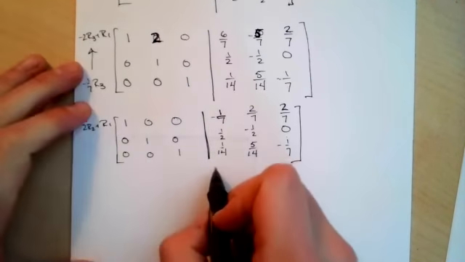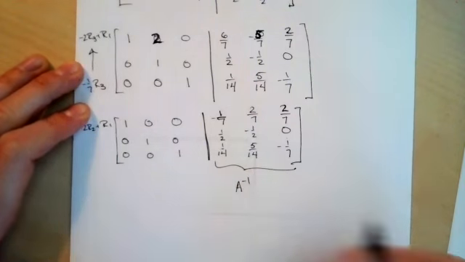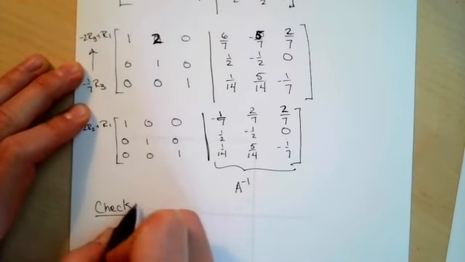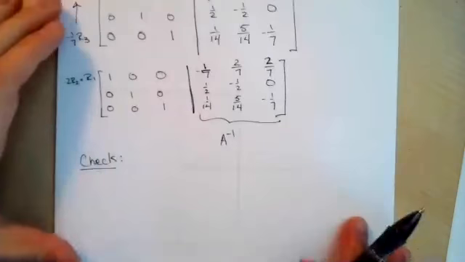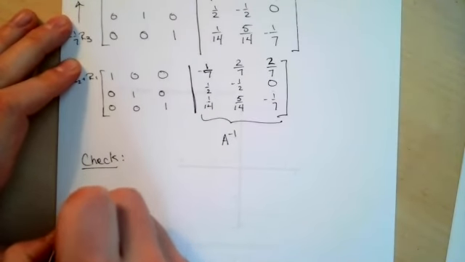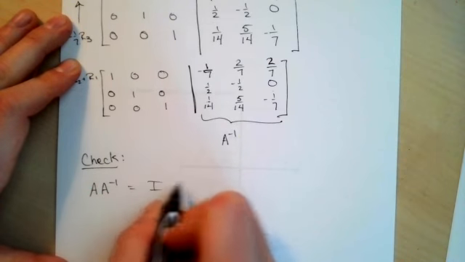So this guy should be A inverse. Check that. So the best way to check your work is, well, I could have made some algebra mistakes, some arithmetic mistakes there. I'm not sure if anyone caught them, but we want to check that now if I multiply A times A inverse, we get the identity.